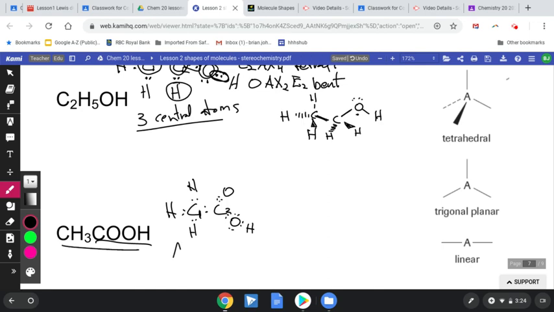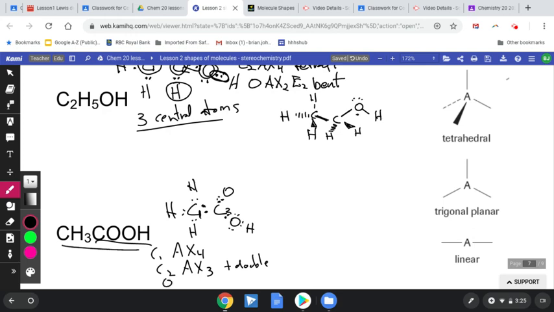Okay, so first one is an AX4 for the C1. Our C2 has 1 single bond. Here's a single, and here's a single. So it's an AX3. Plus it's got that double bond, but remember the double doesn't really change the shape.